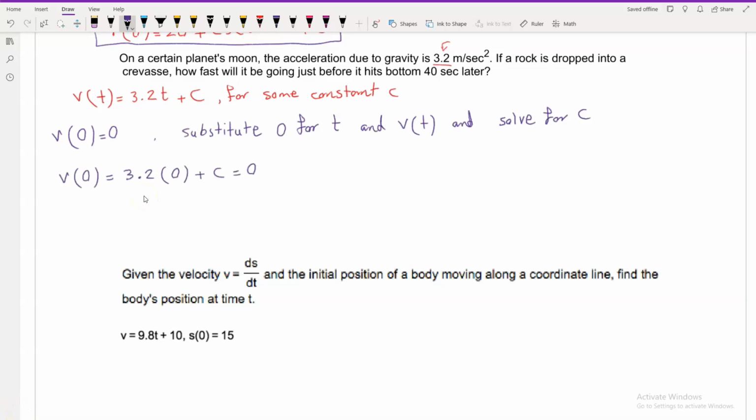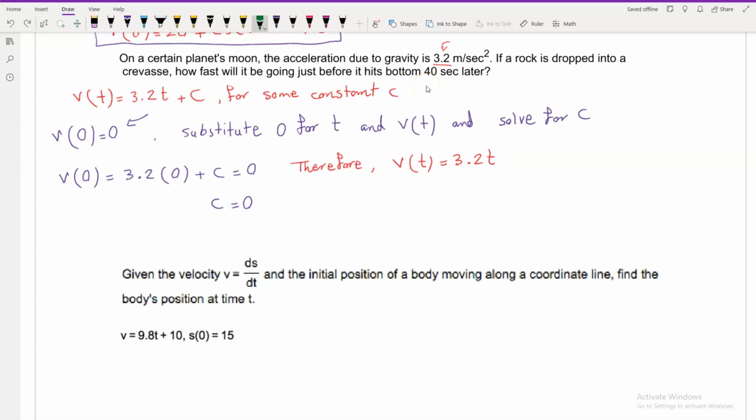So v of 0 is equal to 3.2 times 0 plus c, and that is equal to 0 based on what we have here. So 3.2 times 0, that is 0, plus c equal to 0. Here c is 0. Therefore, the rock's velocity function is v of t equal to 3.2 times t.